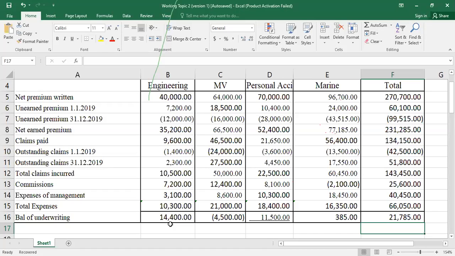So the expenses we have: auditors' fees, legal fees, and depreciation on buildings, motor vehicles, computer equipment, and furniture and fittings. With that, we are able to get now the earnings before income tax.